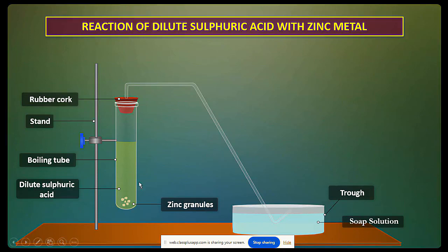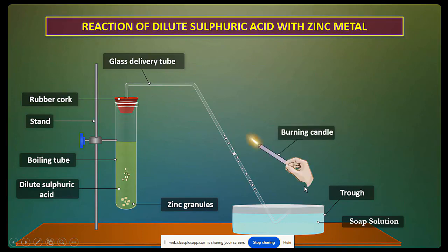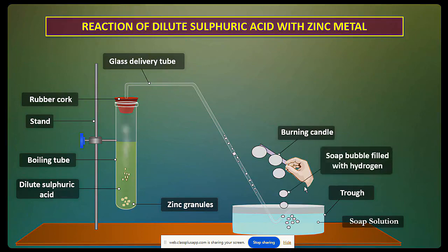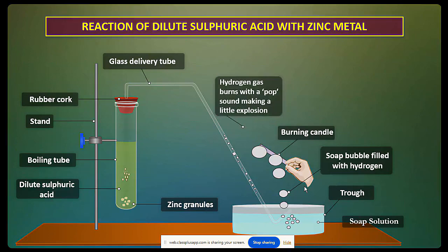You can see here the gas which is liberating, through the glass delivery tube, it is passing through the soap water, and then bring a burning match stick or a burning candle. So what happens if you bring a burning candle near to this soap bubble or bubbles formed here? The bubbles filled with hydrogen gas burn with a pop sound. Hydrogen gas burns with a pop sound, making a little explosion.